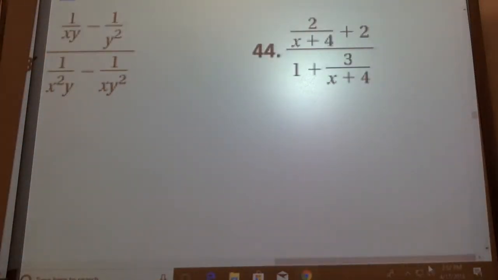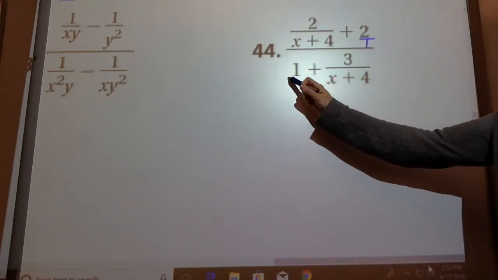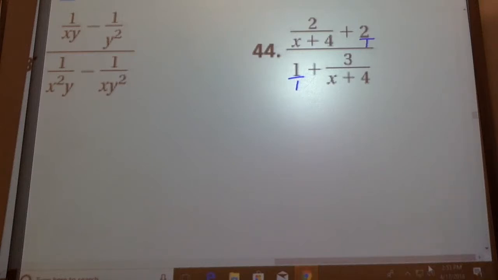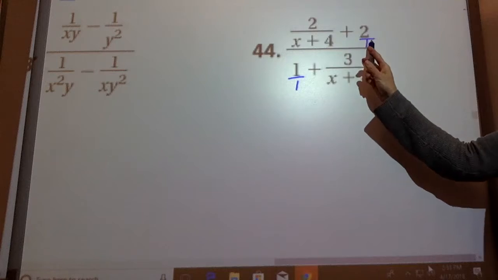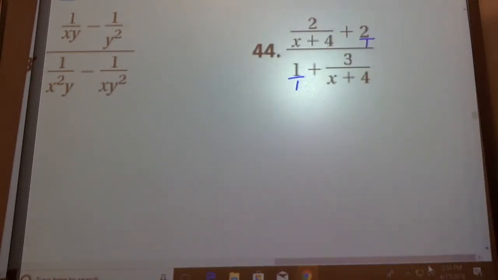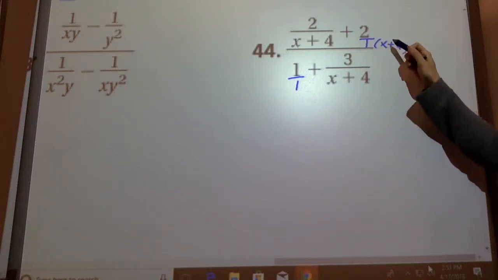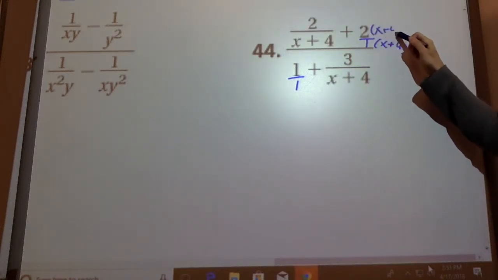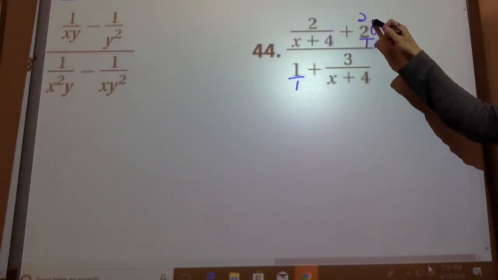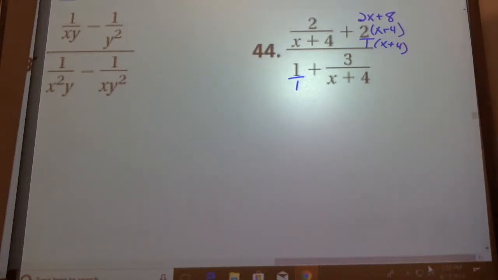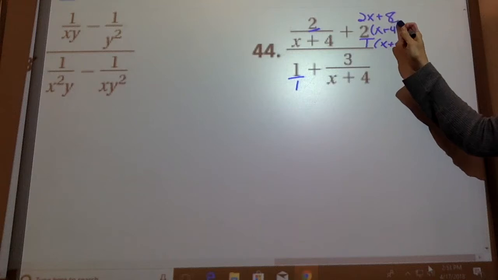And here with a polynomial, again, you can write 2 as 2 over 1, and you can write 1 as 1 over 1, make them into fractions. So when I look at just the top here, what's the common denominator between x plus 4 and 1? X plus 4. So I'm going to multiply this by x plus 4. That means I multiply this times x plus 4. You'd actually have to multiply that and get 2x plus 8. Because then when I add the tops together, see how you have like terms, 2 and 8?